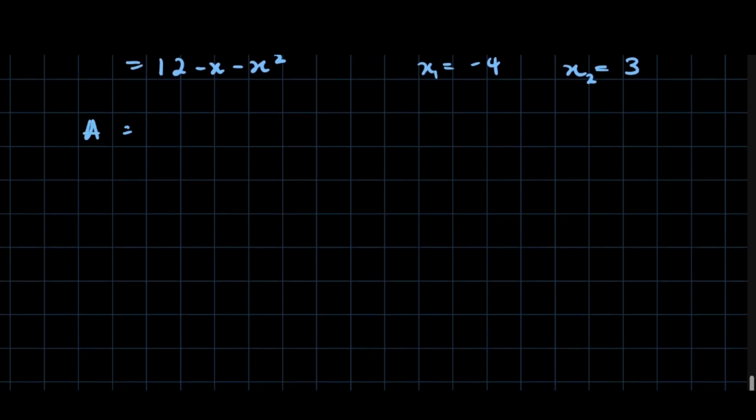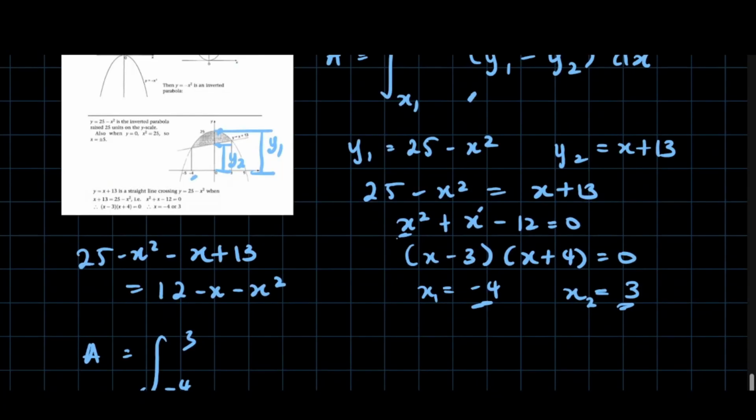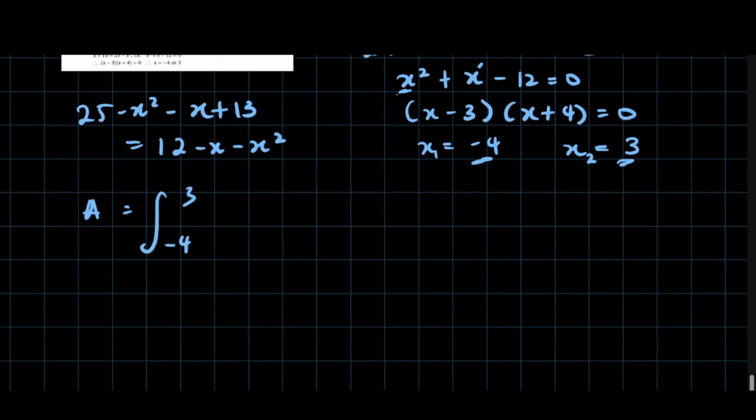So let's solve for the area. Area equals the integral from minus 4 to 3, as you can see on the graph, of 12 minus x minus x squared dx. When you're integrating a sum of terms, you just integrate them individually.